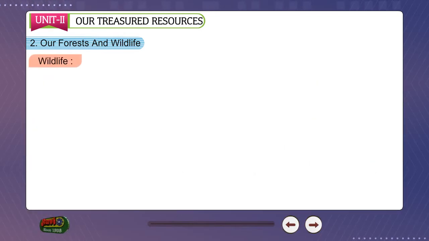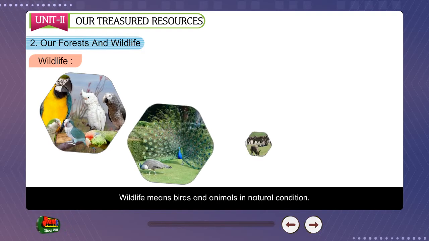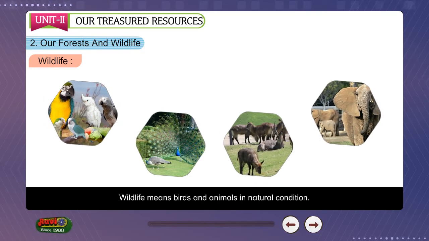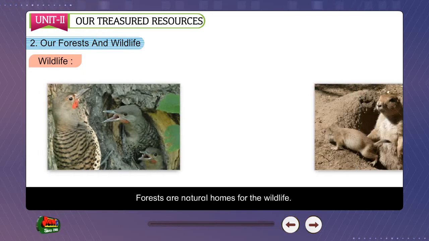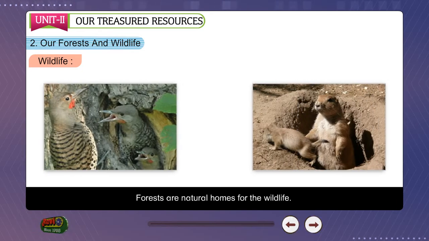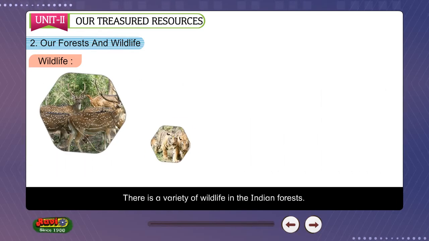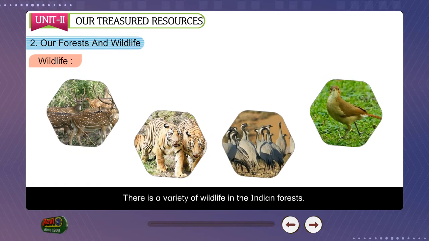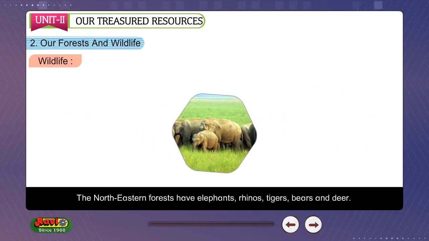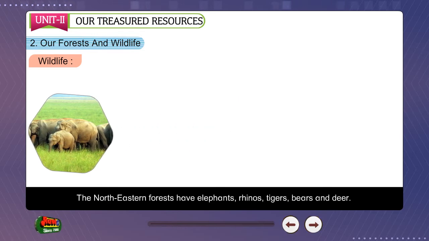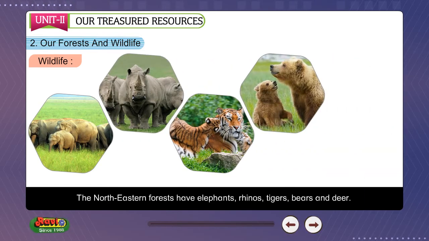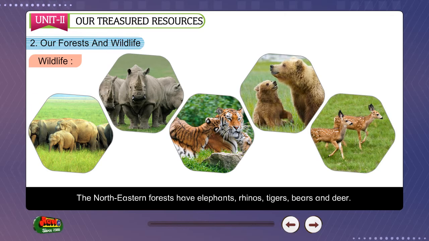Wildlife. Wildlife means birds and animals in natural condition. Forests are natural homes for wildlife. There is a variety of wildlife in the Indian forests. The northeastern forest has elephants, rhinos, tigers, bears, and deer.